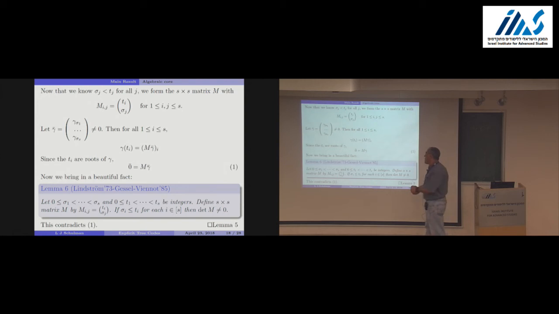When you have these inequalities, an increasing sequence of sigmas and an increasing sequence of t's, you write down this binomial matrix, and if sigma i is less than ti for all i, then this determinant is non-zero, and it counts non-intersecting lattice paths.